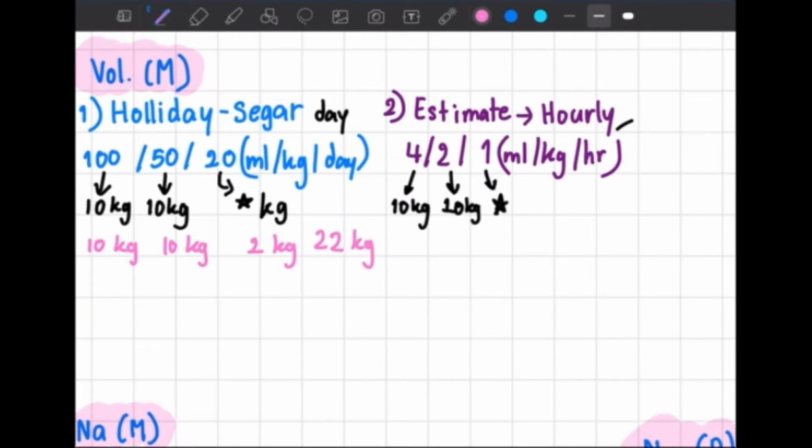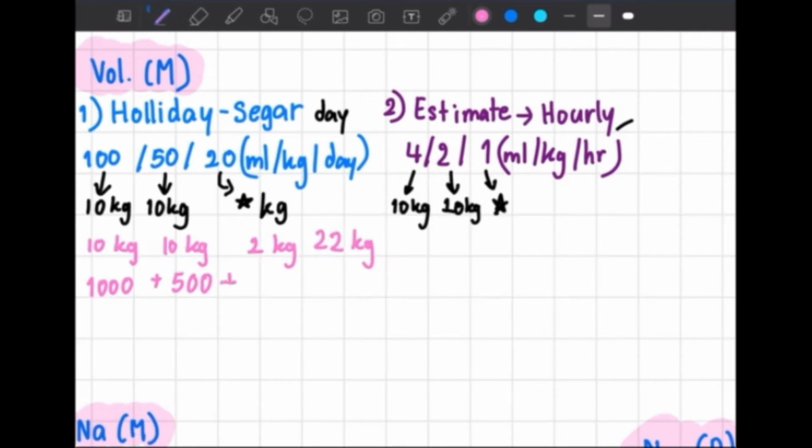Let's start with the Holiday-Segar method. 10 kilograms multiplied by 100 milliliters, because it's per kilogram, will give you 1,000 milliliters, plus the second 10 kilograms, which you multiply with 50 milliliters, and that will give you 500.